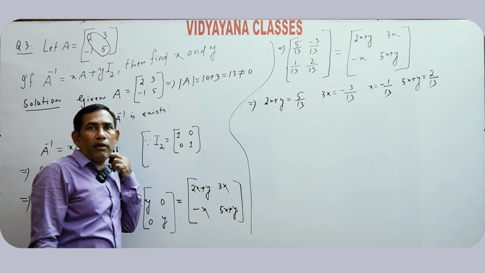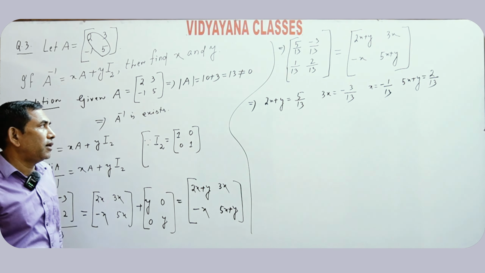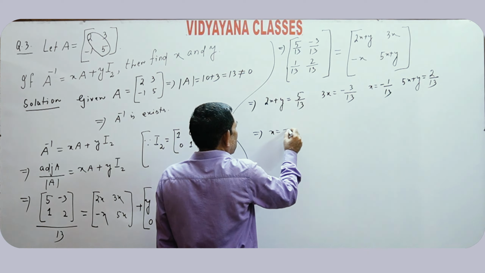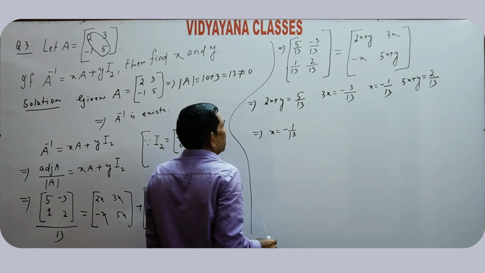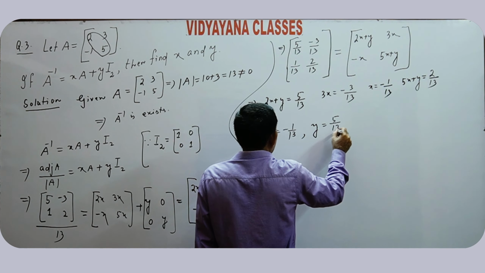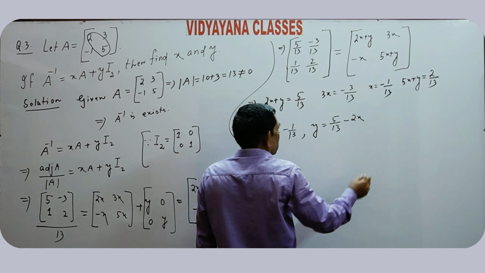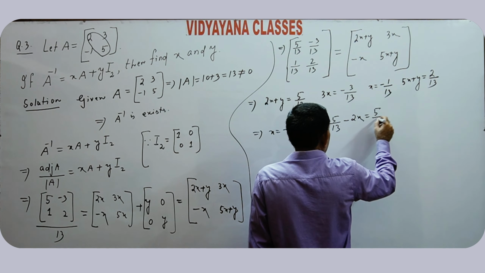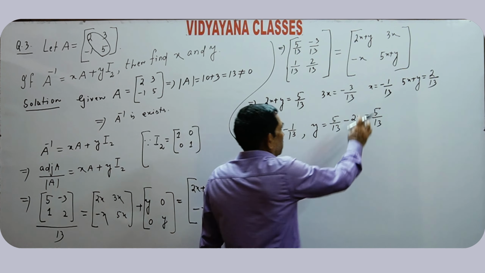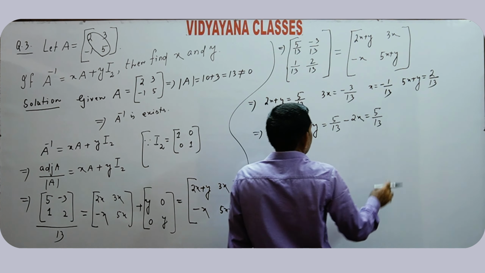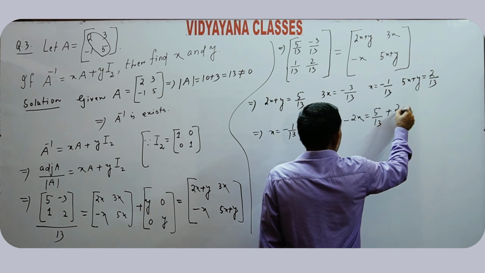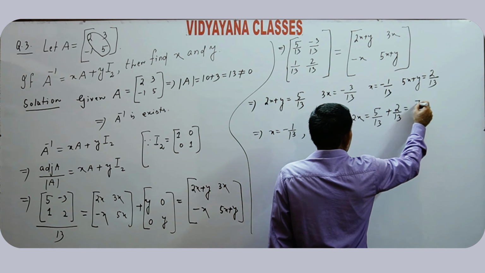Two matrices are equal if their corresponding elements are equal. Implies this x is equal to minus 1 by 13. Y is equal to 5 by 13 minus 2x, which is equal to 5 by 13 minus 2x plus 2 by 13, which is equal to 7 by 13.